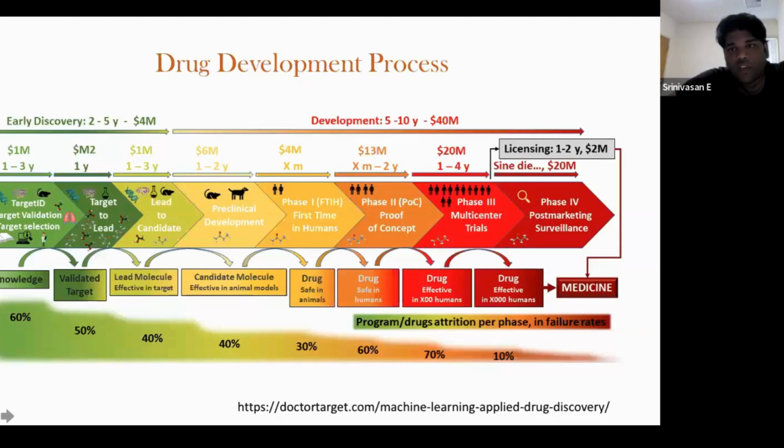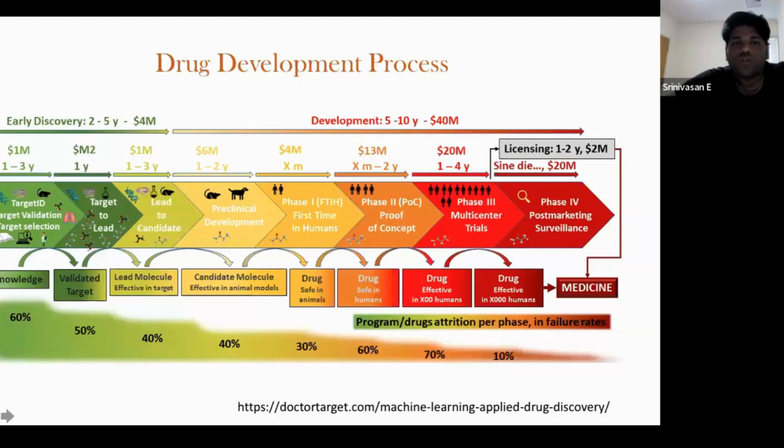Once you identify the target, you have to find the compounds that can bind to the target, which can lead to the lead molecules. In the lead stage, we screen billions of molecules to find the lead molecule. From the lead, we try to change the pharmacophore, changing the small molecule in order to find one with a higher binding affinity, without changing the chemical features of the system, and so on.